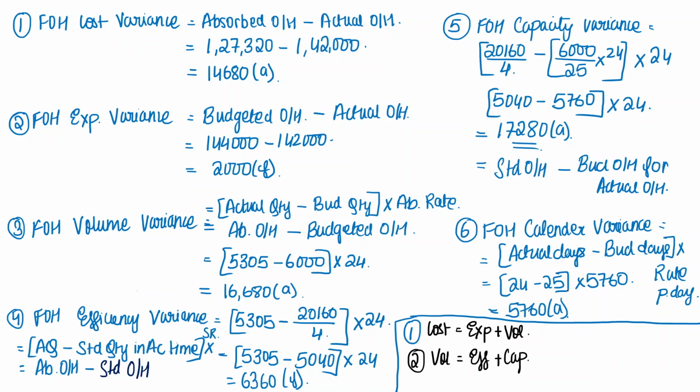Can you check once? Efficiency plus 16,680 minus 6360. Sorry, 6360, 17,280. Yeah, and 5760. So plus calendar variance. These are the two checks.